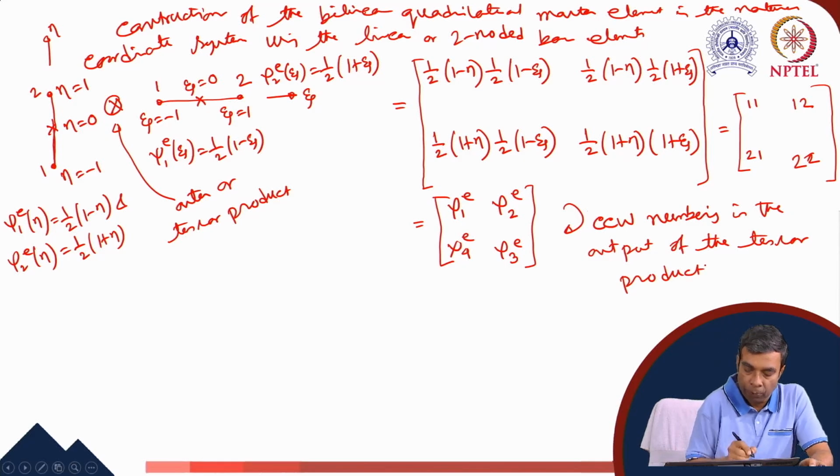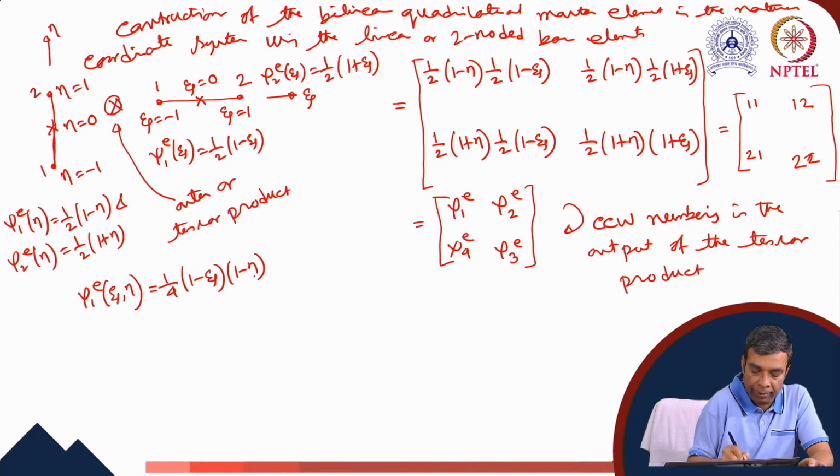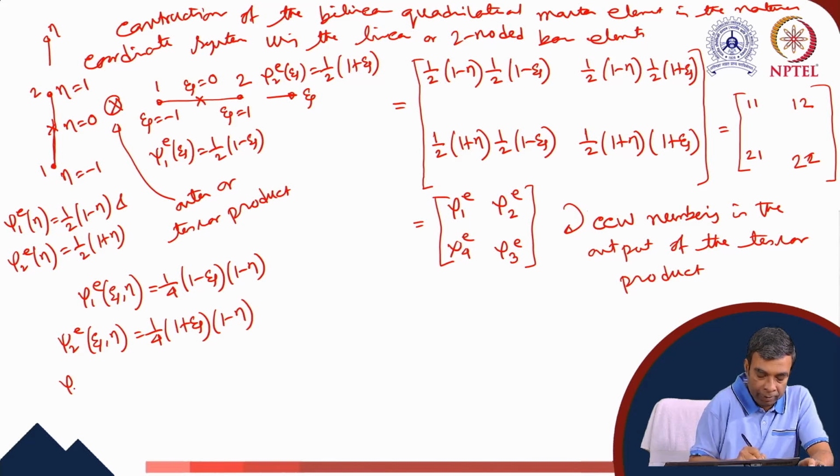So we get psi 1 e in the natural coordinate system, xi eta, equals to 1/4 into 1 minus xi into 1 minus eta. Psi 2 e of xi eta equals to 1/4 into 1 plus xi into 1 minus eta.